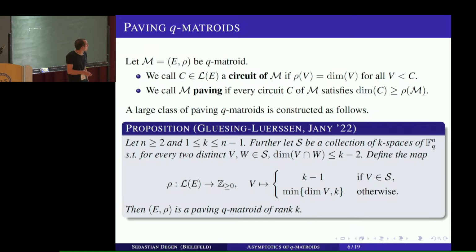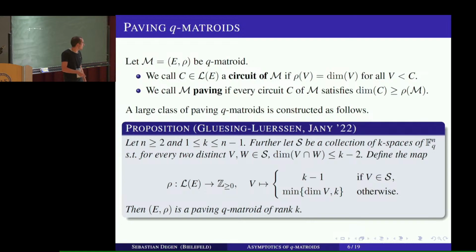And we can actually construct a large class of these q-matroids via the following proposition due to Larsen and Jani from 2022. The main point of this proposition is the collection S of k-spaces of F_q^n such that for every two distinct spaces the intersection dimension is smaller or equal to k minus 2.